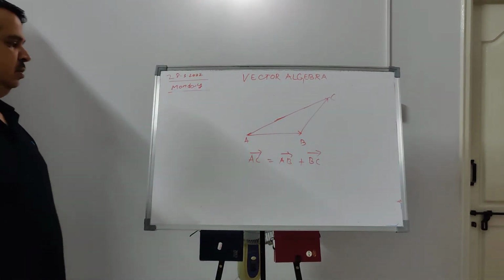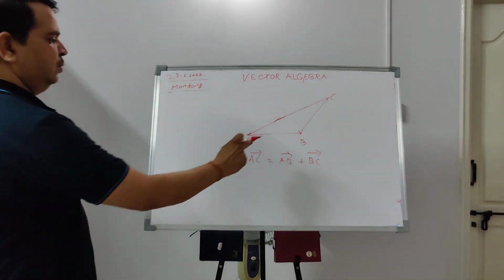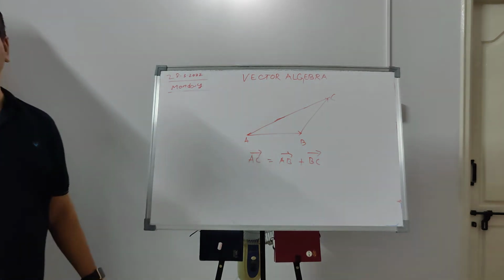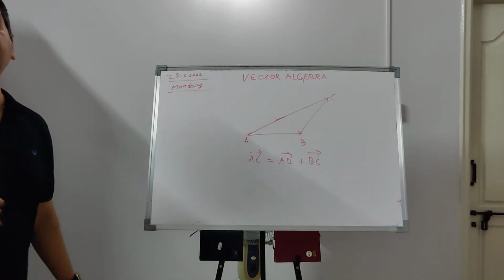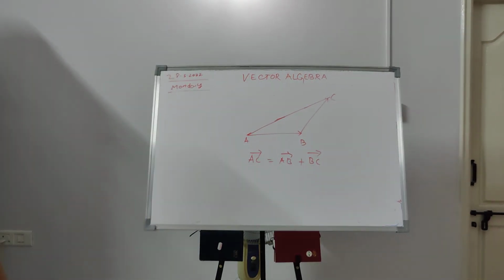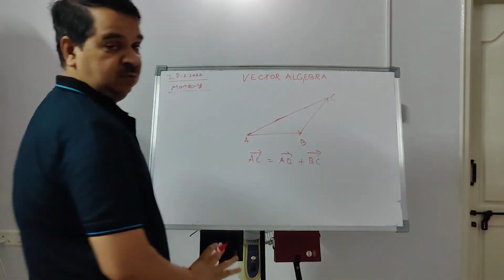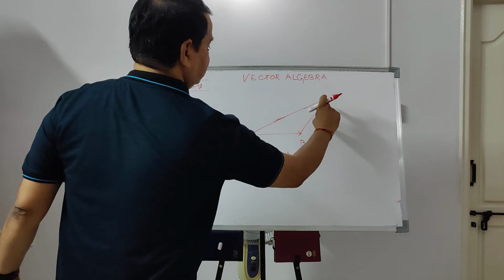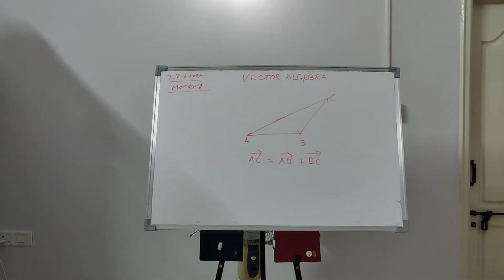You started from here, you go to B, you go to C. We are not adding how much distance she has covered. We are finding out the net displacement. So AC is the net displacement. You are not measuring a magnitude of this. For finding the net displacement, you have to do vector addition.